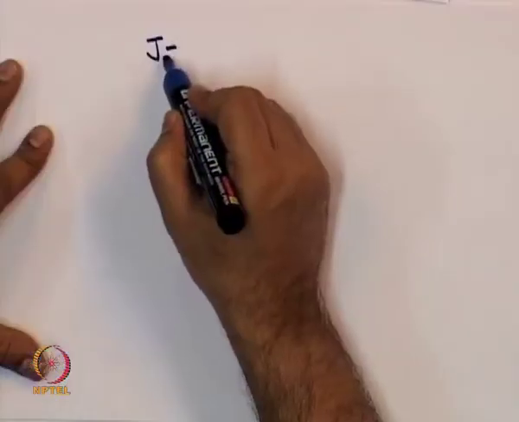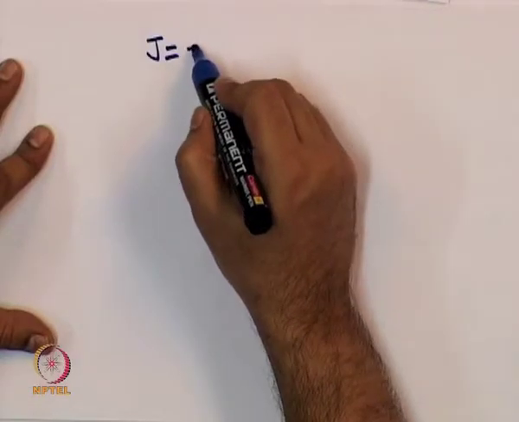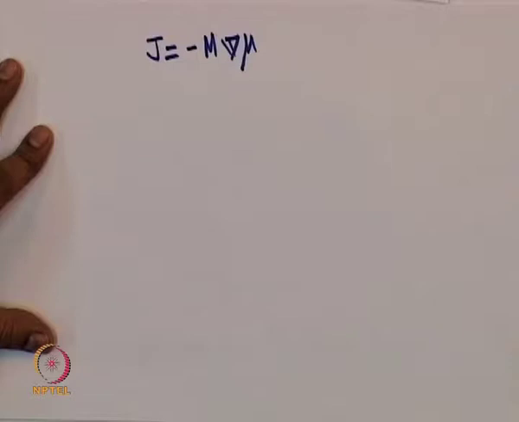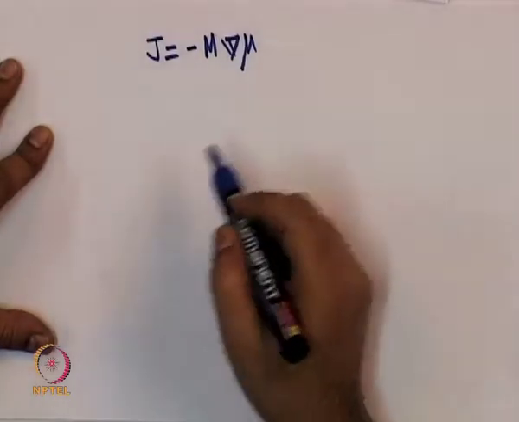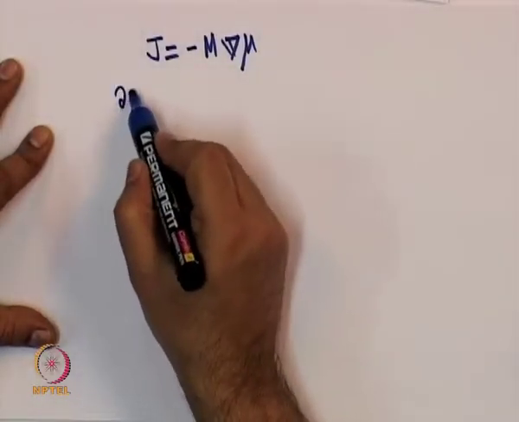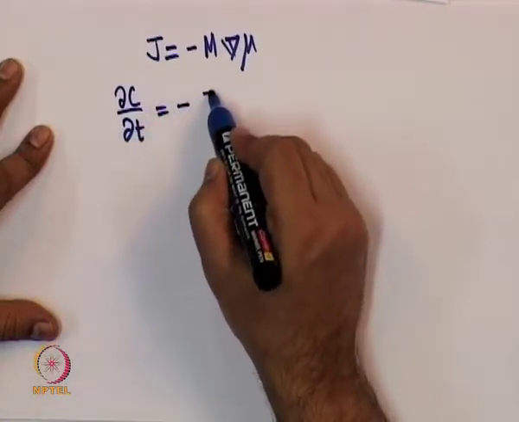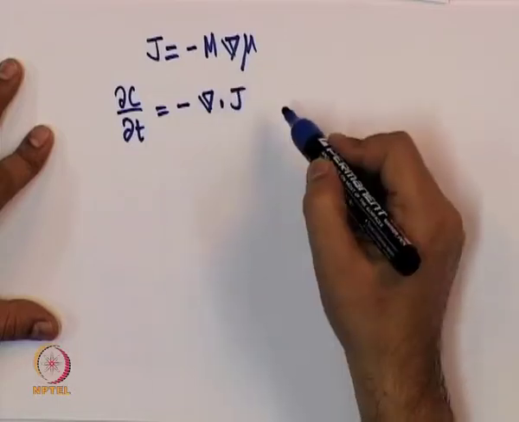So, initially we said that the flux is minus m del mu, where mu is the chemical potential, and dou c by dou t is equal to minus del dot j.